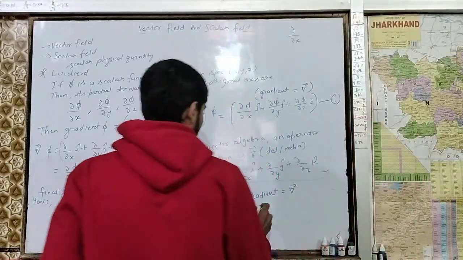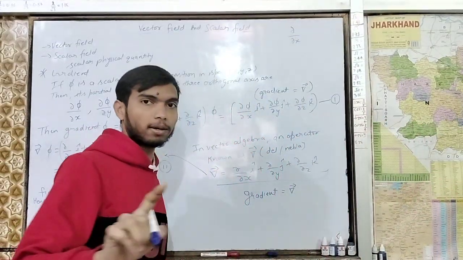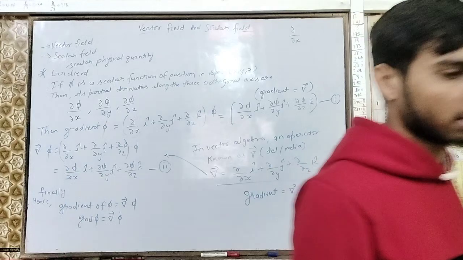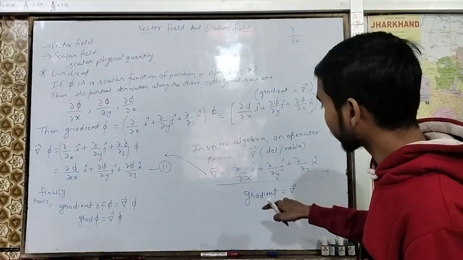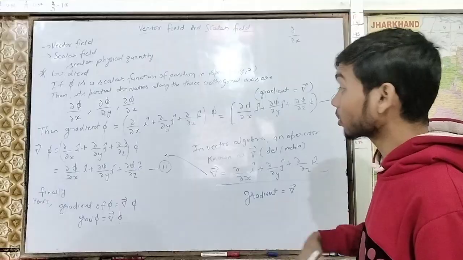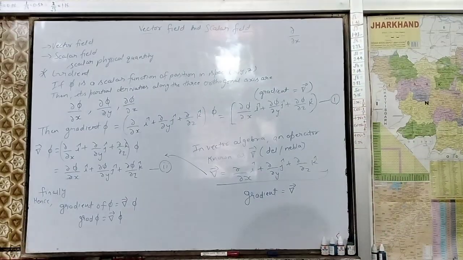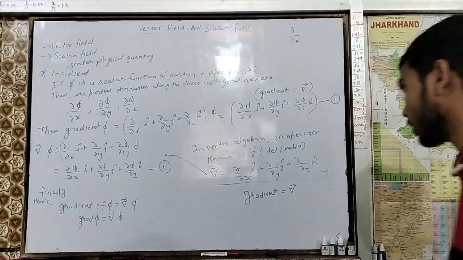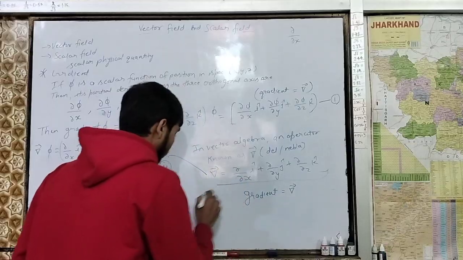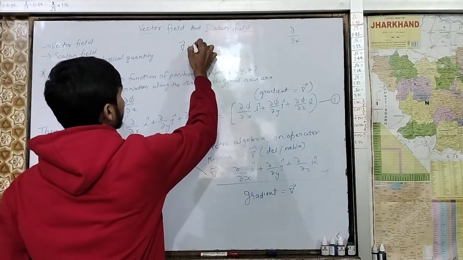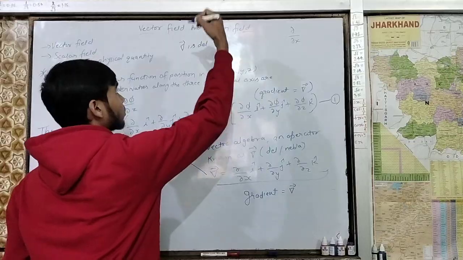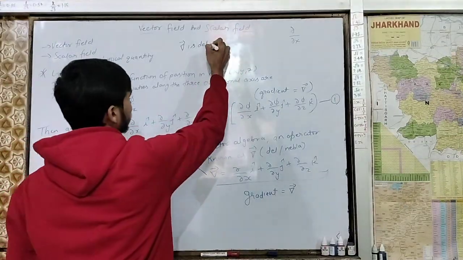Last sentence. Remember, this del operator is a vector operator, but not a vector quantity. We use this del vector with a quantity so that we can get a scalar quantity or vector quantity. So this is a del vector, not a del vector quantity. Clear?